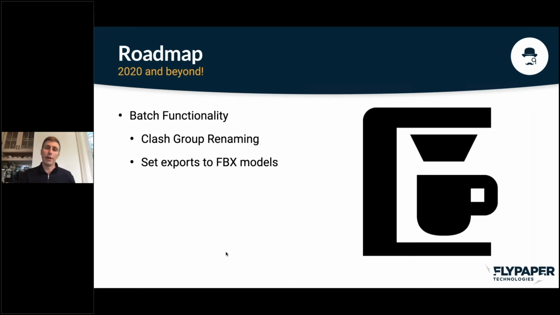The second piece of batch functionality is a way to automate exporting a bunch of different selection or search sets to FBX models. This came up from a coordinator who was doing 4D, where they needed to export a lot of small portions of a full coordination model, put them into their 4D scheduling software, and tie them to scheduling activities so that they could hide and show them as they pleased.